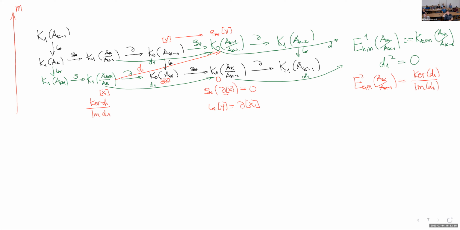So T1 goes from E1, K, N to E1, K minus 1, M. So K becomes 1 less. And D2 goes from E1, K, M to... Now it goes 1 up, but it moves, in this case, to the left.